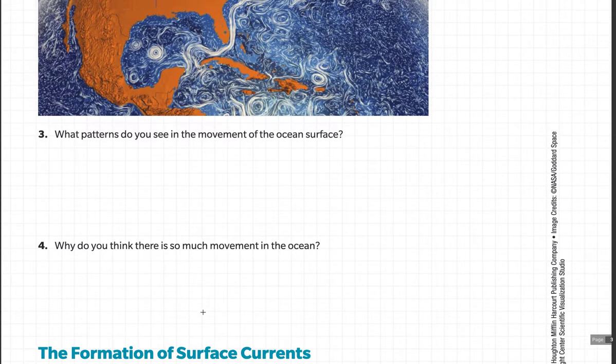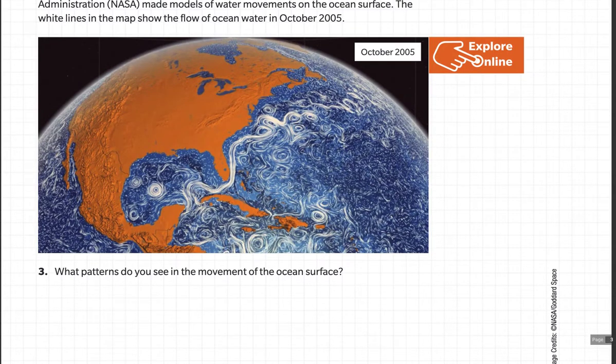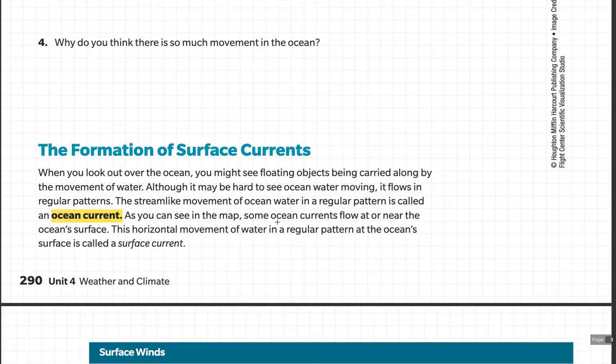Well, spoiler alert, there's a bunch of movement in the ocean because of the Coriolis effect, right? Remember, the Earth is spinning this way, and so that causes the liquids and the gases to want to move in this type of pattern around the equator, and also the pressure and temperature differences, just like with wind, will cause the water to move around.